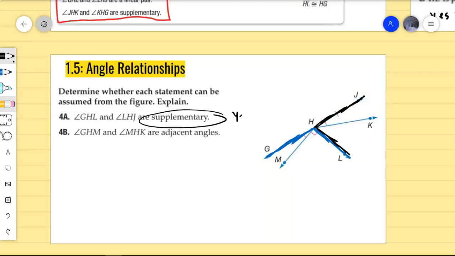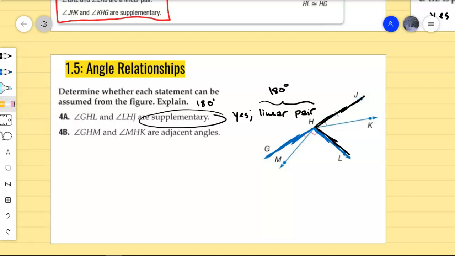And the answer is yes. Why can you say that they are yes? Is because they form a linear pair, and if they form a linear pair, recall automatically they are considered to be supplementary because a linear pair adds up to 180 degrees and supplementary also adds up to 180 degrees. So the answer is yes.